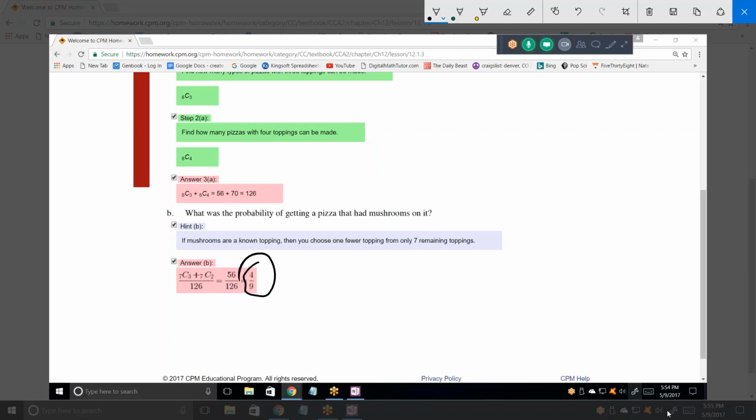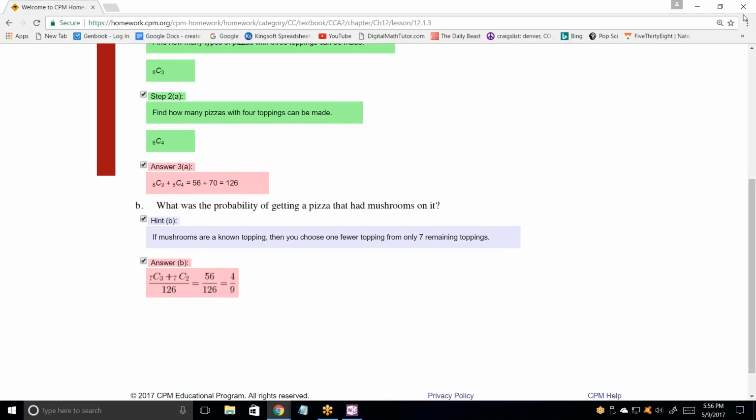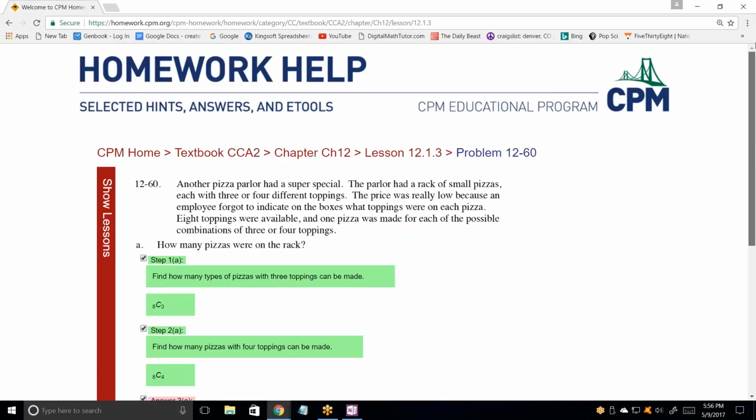Still not sure I totally get it. Kind of. Good. Some people have a knack for probability and combinatorics and permutations. I'm not one. That's not my strong suit. So I will go on.